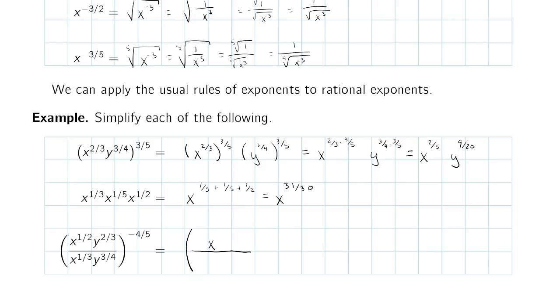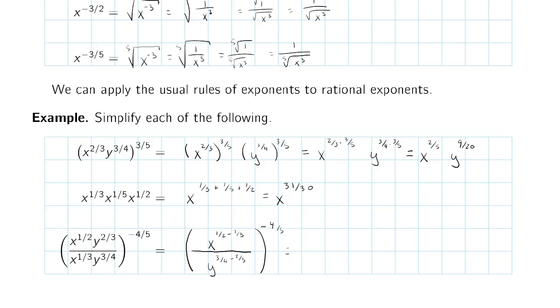So I'll have x to the power 1/2 minus 1/3 in my numerator. 3/4 is greater than 2/3. So I'll have y to the power 3/4 minus 2/3 in my denominator. And that's all going to be to the power -4/5.